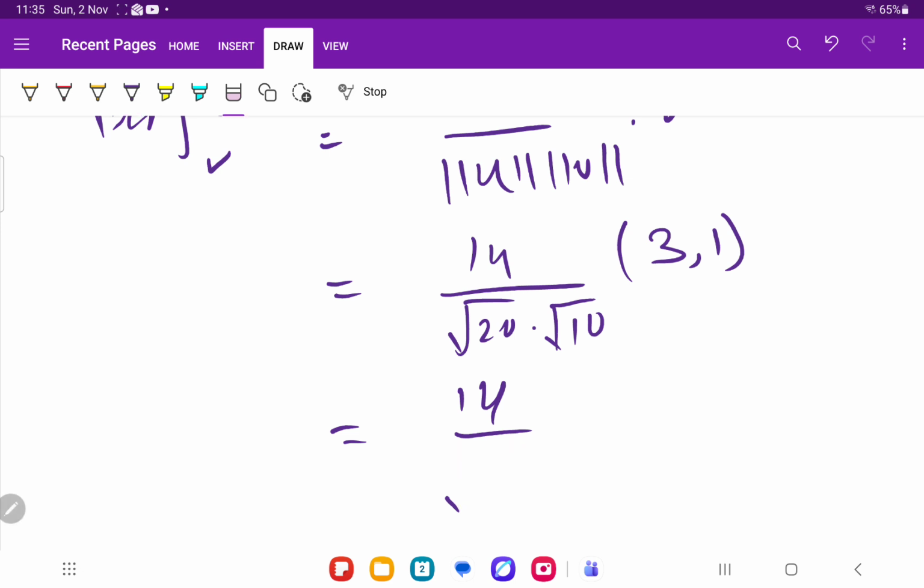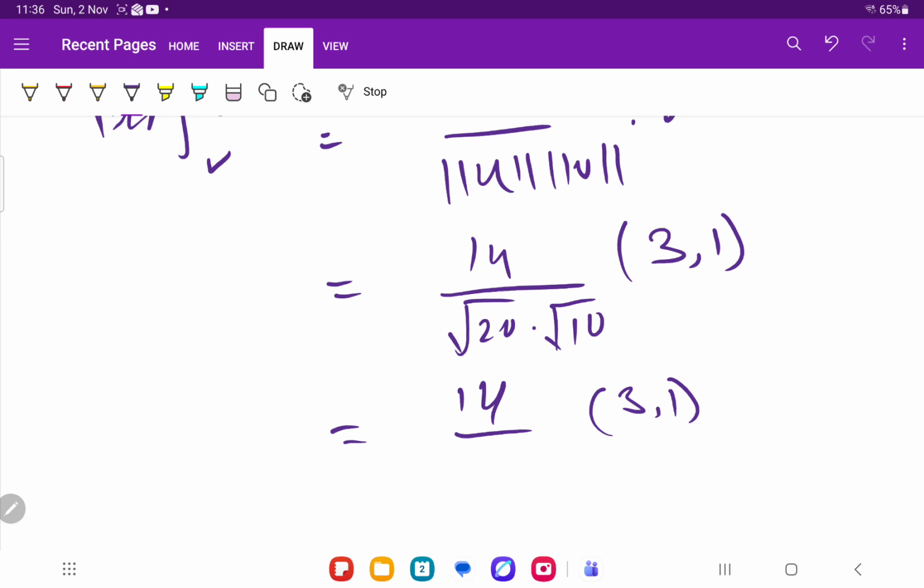What is the answer of it? What is the square root of 20? Square root of 20 and square root of 10.